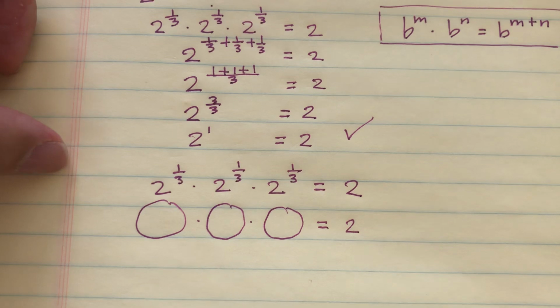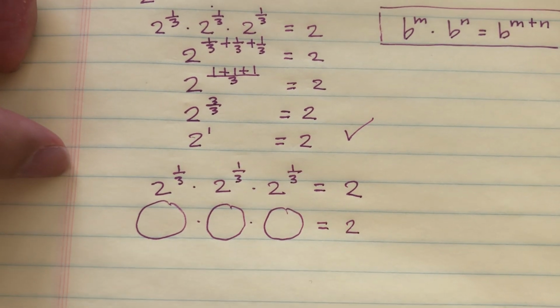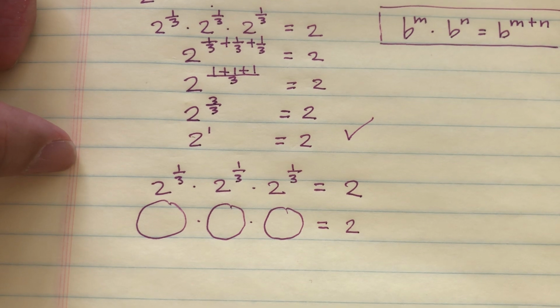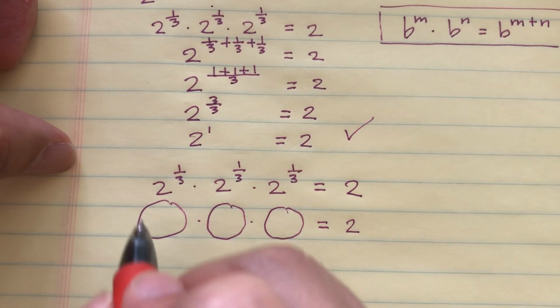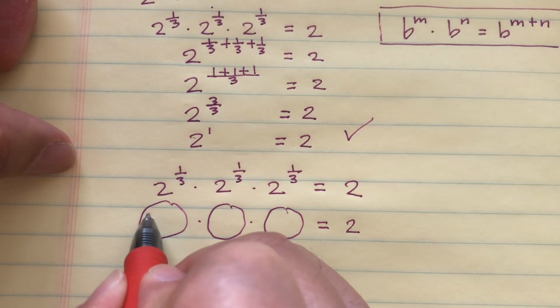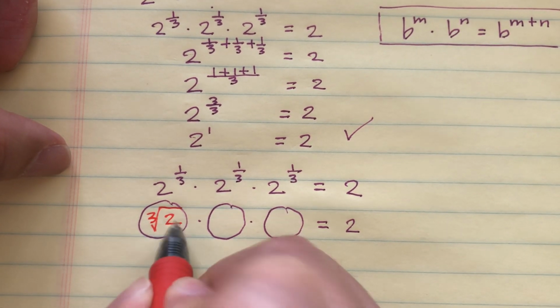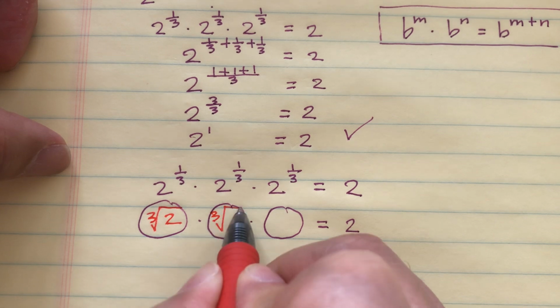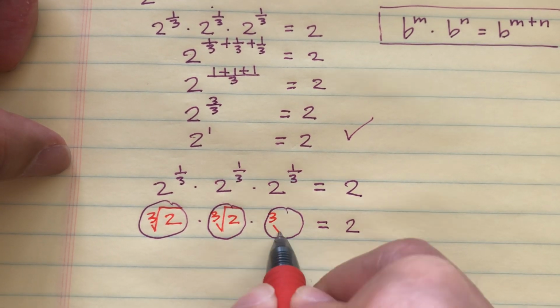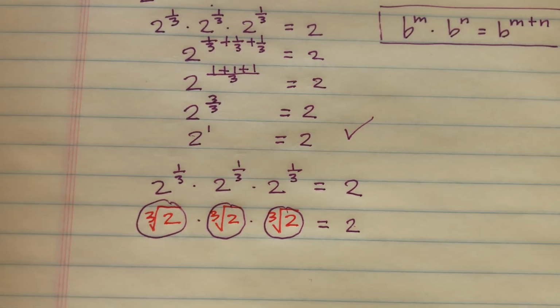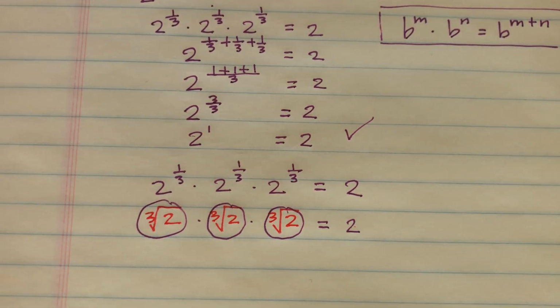What about the cube root? Cube root of 2 times cube root of 2 times cube root of 2 must be equal to 2, with the same reasoning as the square root of 2 idea.